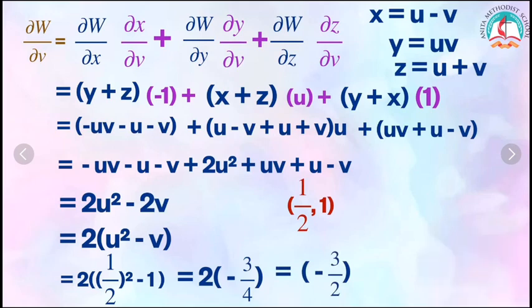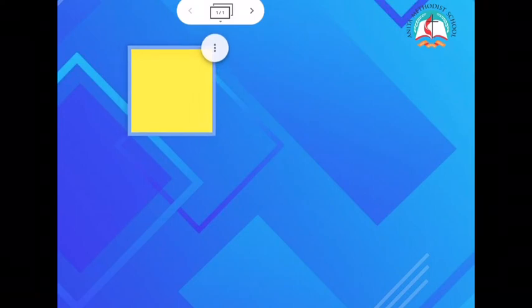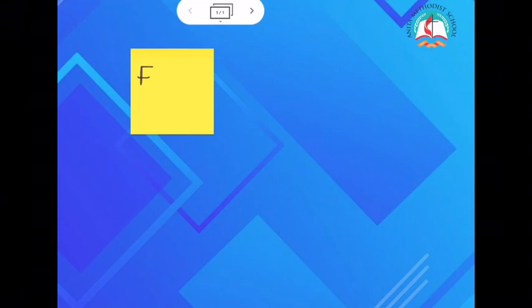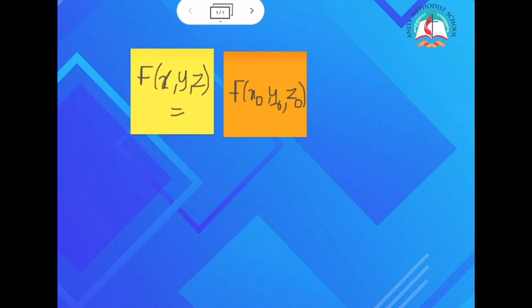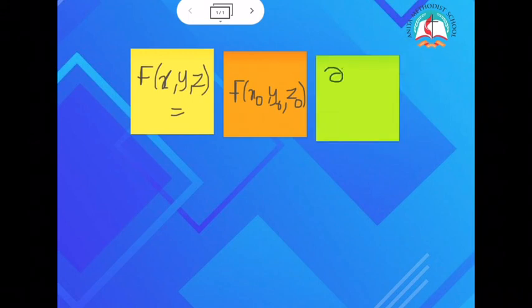Is that clear? Just a recap of what we learned today, children. We learned the linear transformation with several variables, f of x comma y comma z, which is equal to, I just have the first term as I am substituting the points. So it will be f of x naught comma y naught comma z naught plus, I am just taking the differentiation. I am going to take a partial differentiation because we have so many variables.